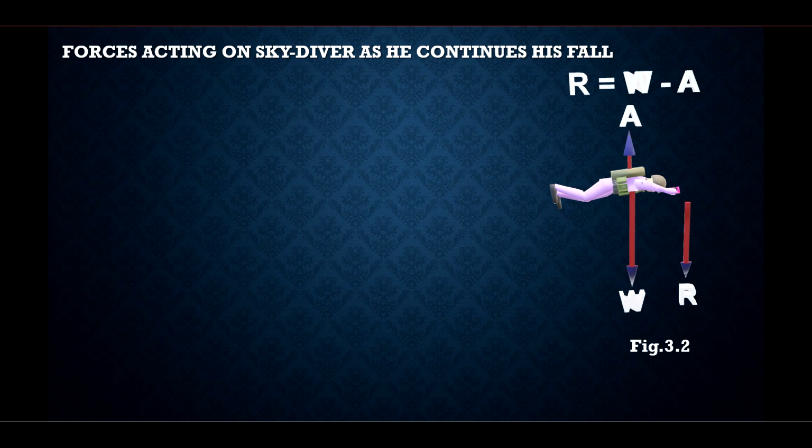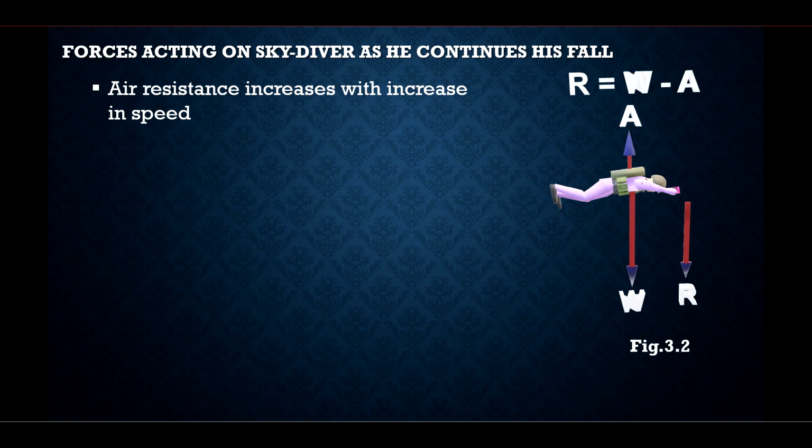At this point, there are two forces acting on the skydiver: weight and air resistance, as shown in figure 3.2. There are a few things I wish to emphasize here. Number 1. Air resistance acts vertically upwards, against downward motion of the skydiver. Additionally, air resistance increases with increase in speed.